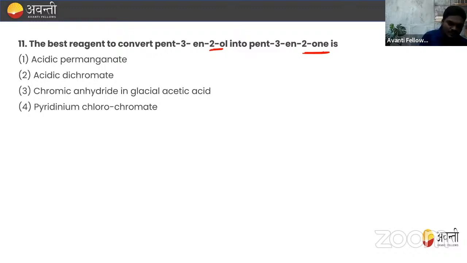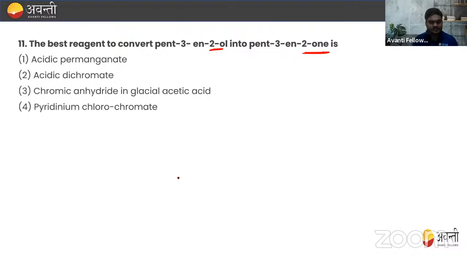You have to select which option is correct and which is not. Anyone? I'm waiting. Someone says option 4, that is pyridinium chlorochromate.